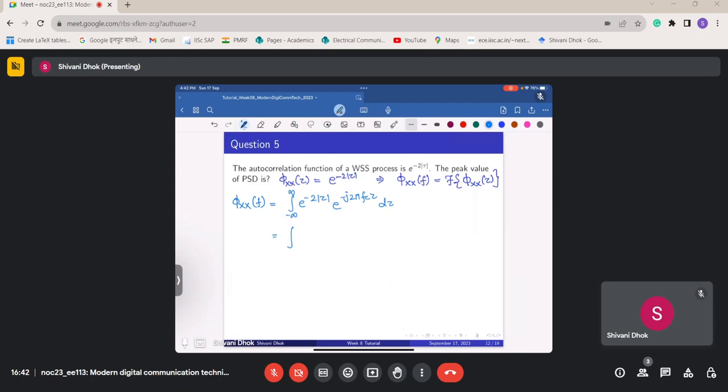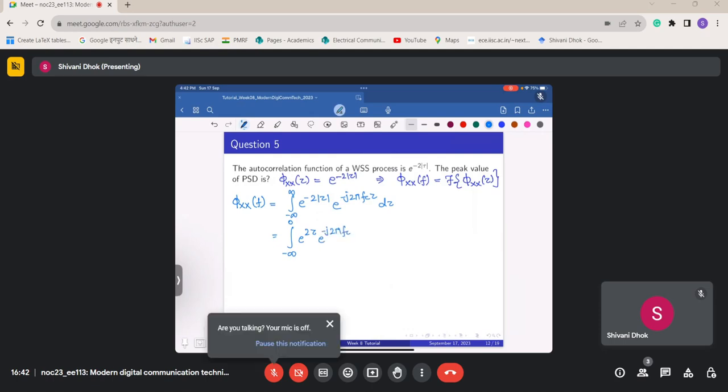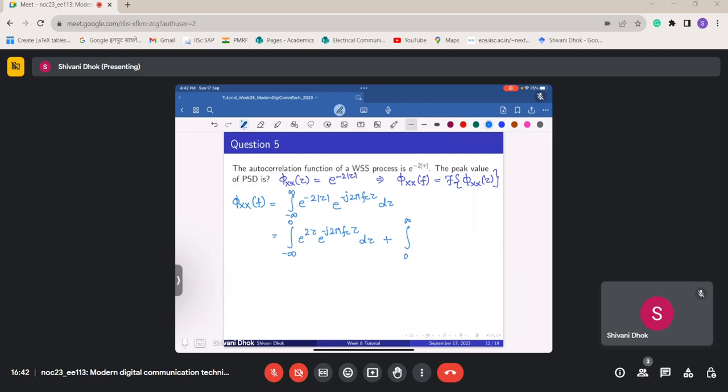From minus infinity to 0, the magnitude of tau is equal to minus tau. So this comes out to be e power 2 tau into e power minus j 2 pi f tau d tau, plus integral from 0 to infinity of e power minus 2 tau into e power minus j 2 pi f tau d tau.